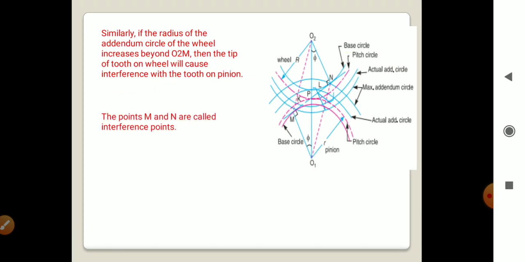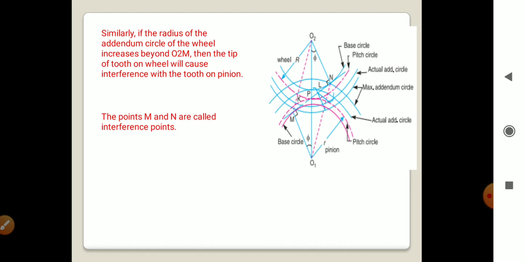The points M and N are called interference points. If we increase the radius beyond point M, interference occurs on the pinion side.